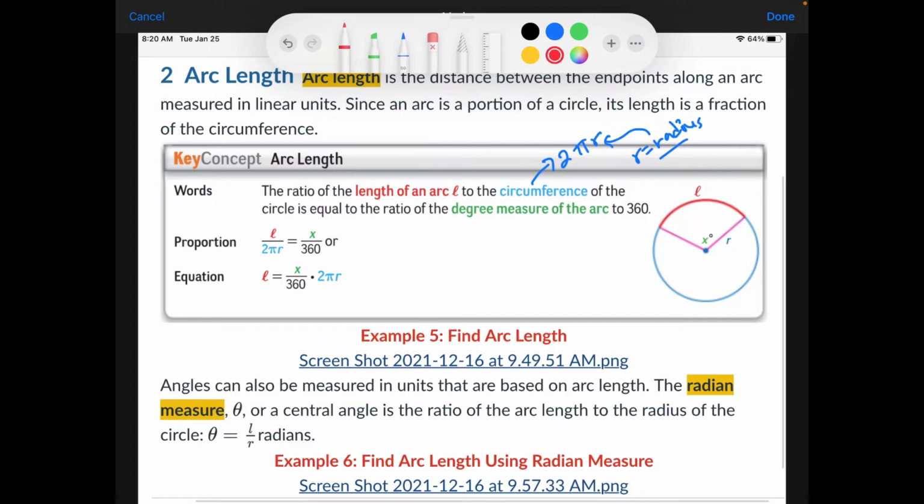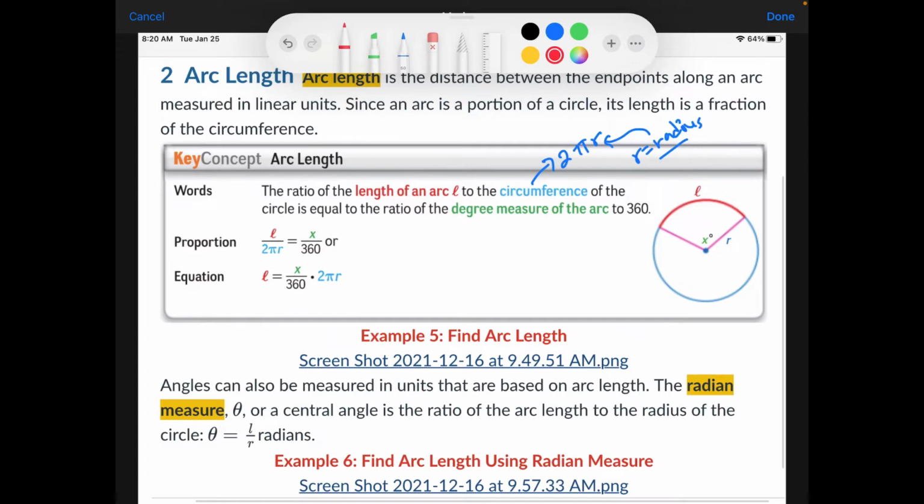The way that we can learn how to do this is to compare it to degrees. We know that all the way around a circle is 360 degrees. Now, we can compare this in a proportion format.